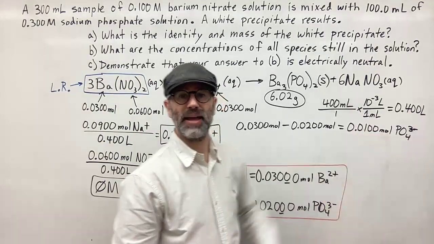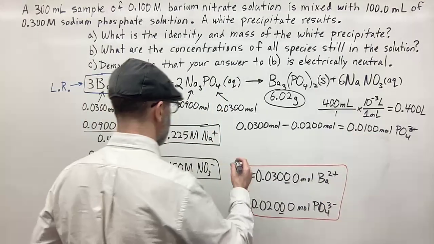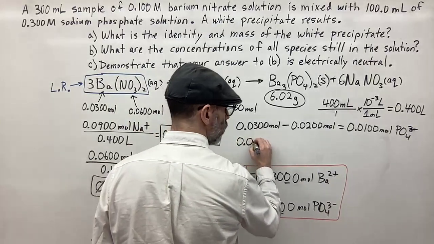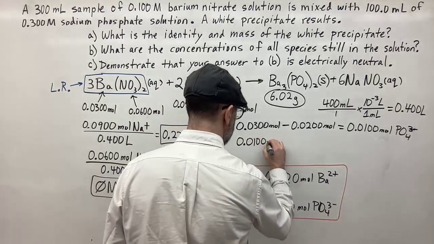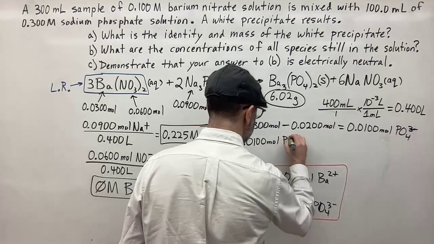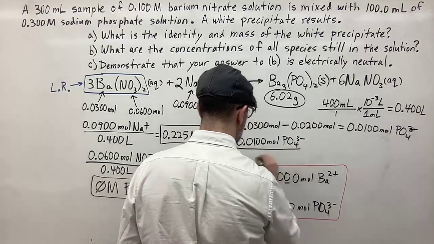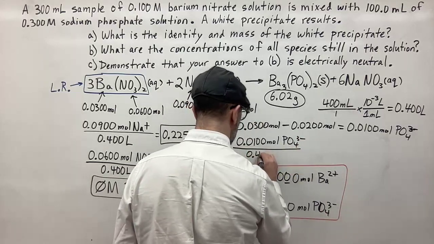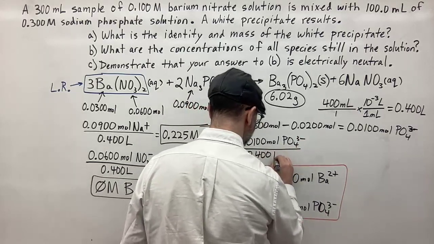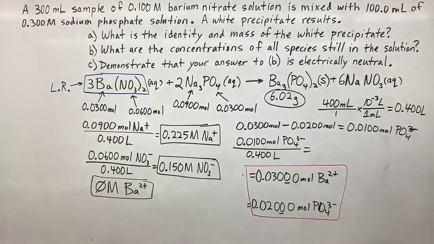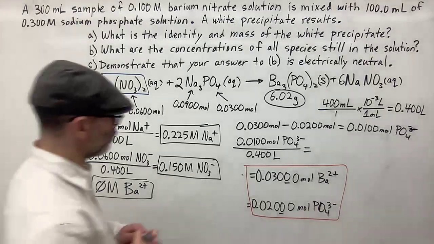So this is what we have left in solution in terms of moles. Now we just divide that by the volume. So 0.0100 moles of the phosphate over 0.400 liters. And when we calculate that, we get 0.025.